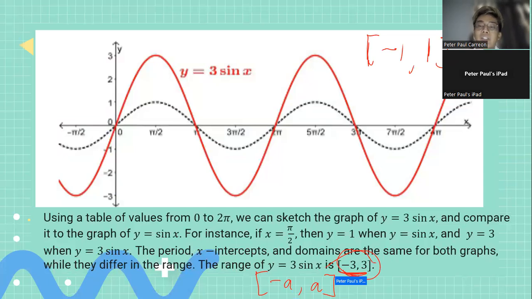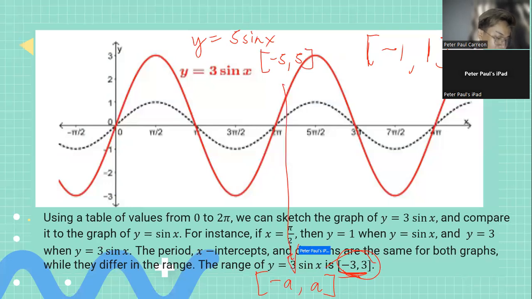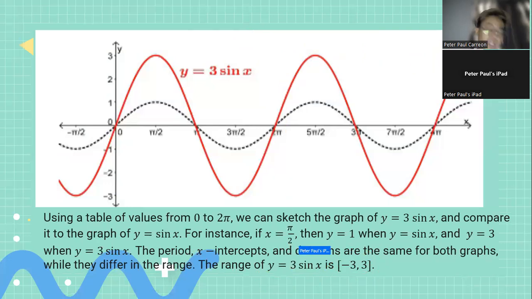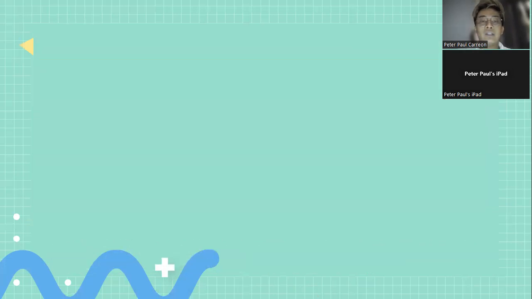So, yun yung pattern natin. Kung halimbawa, gawin ko siyang y is equal to 5 sine x, ano magiging range nyo nun? Siyempre, magiging range nyo from -5 to 5. Ang pattern na sinusundan natin is -a to a. So, yun ang ating a effect.